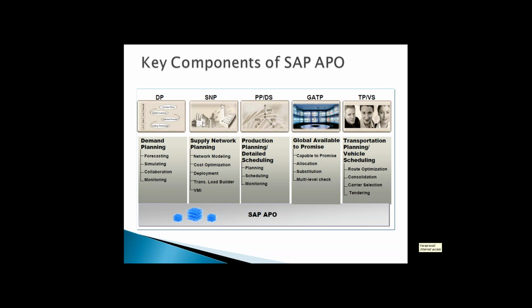So what is my demand? 300. So what is the output we have? 200 only. So how are you going to satisfy both customers? Here you have to use the deployment techniques. Whether you want to satisfy only customer B, because customer B has ordered 200 and you have 200.